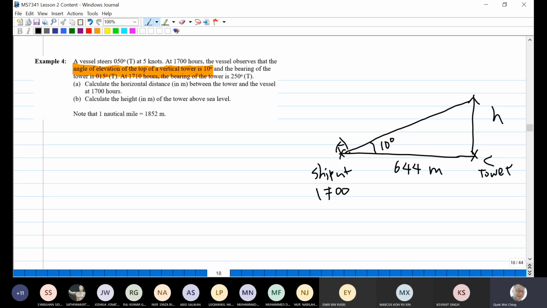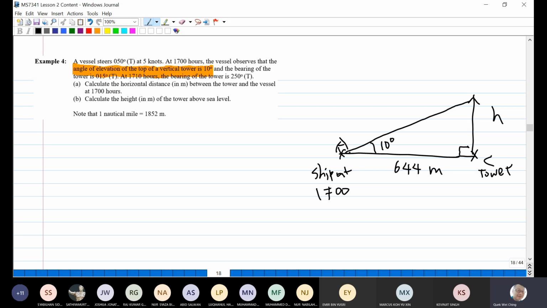So how do I calculate the height of the tower here? You use the right angle triangle. This one is height over 644, right? So what kind of function is that? You can use tangent.